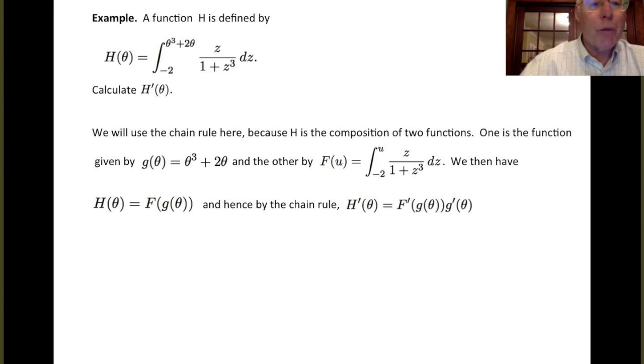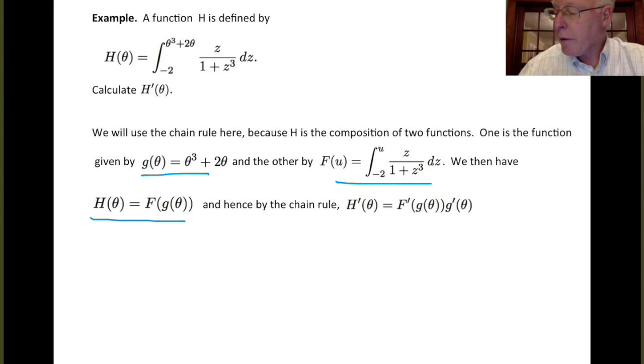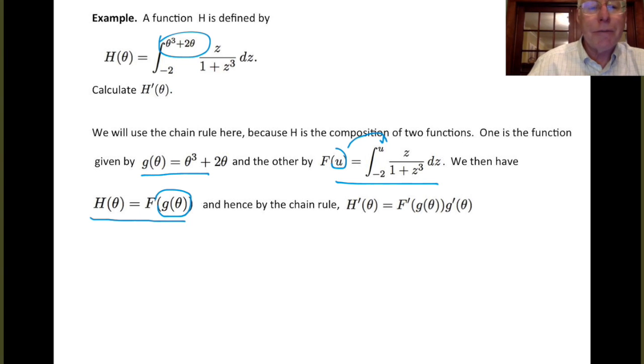So then we can reconstruct h by taking h of theta equals f of g of theta. There's the g, there's the f. And notice the f says take whatever is inside here, the u, and put it in the upper limit. So that's how we get the g of theta up here through that composition.